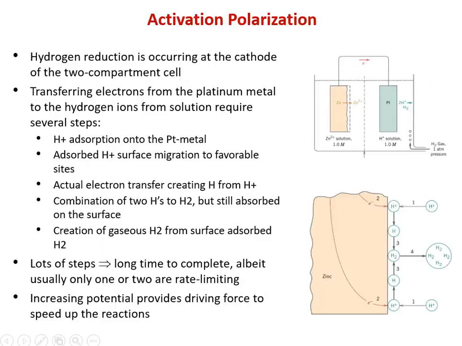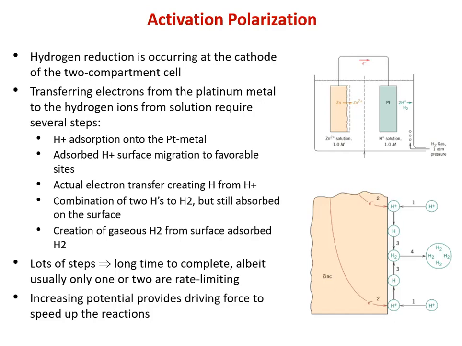So starting with activation polarization, this gives a little example of it happening and gives you an idea of what constitutes it. If we're going back to our zinc and hydrogen 2 half cells, if we look at what is actually required to reduce hydrogen ions, like in an acid, which is pretty simple, to hydrogen gas on something that makes it really easy, like platinum, which is a powerful catalyst.